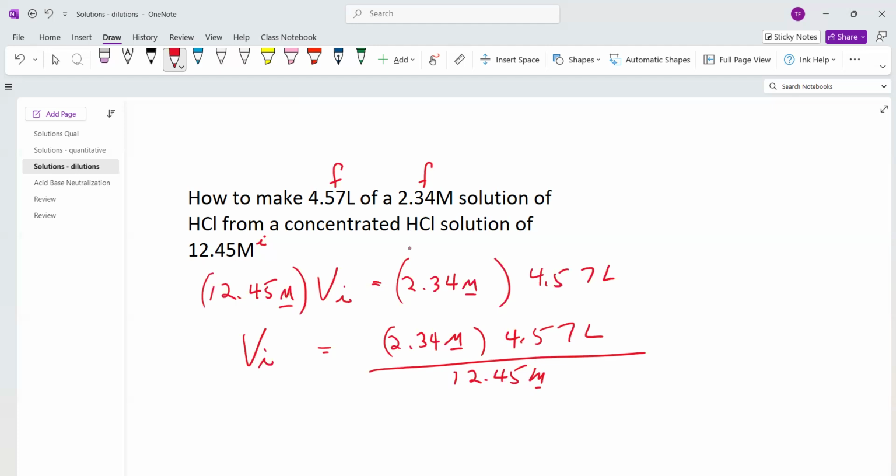We're going to solve for the initial volume of concentrated acid, just like we did before.